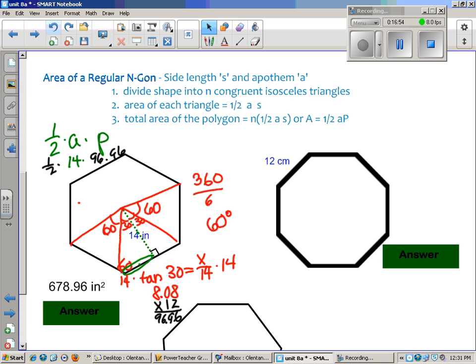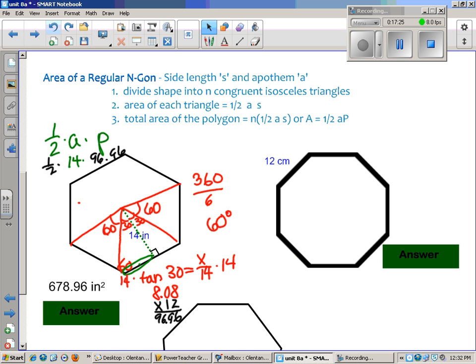Because you found this piece, right? And how many of those are there per triangle? 2, right? 1, 2. And how many triangles are there? No, no. It's the half came in here. Yeah, you could leave that half out and just do half the perimeter, but when it gets to be like heptagons and stuff, it gets too confusing.